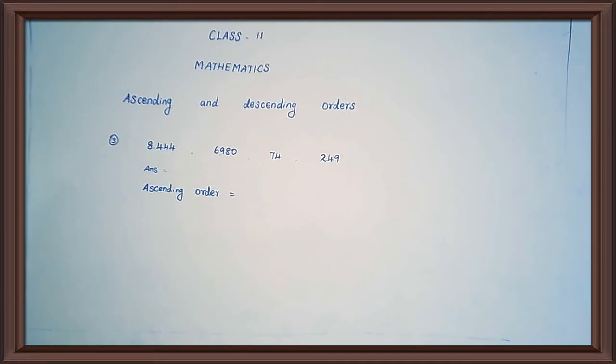Now see the first one. It has more different numbers of digits. Yes or no, ma? If the given numbers have a different number of digits, then the number having more digits is always greater.